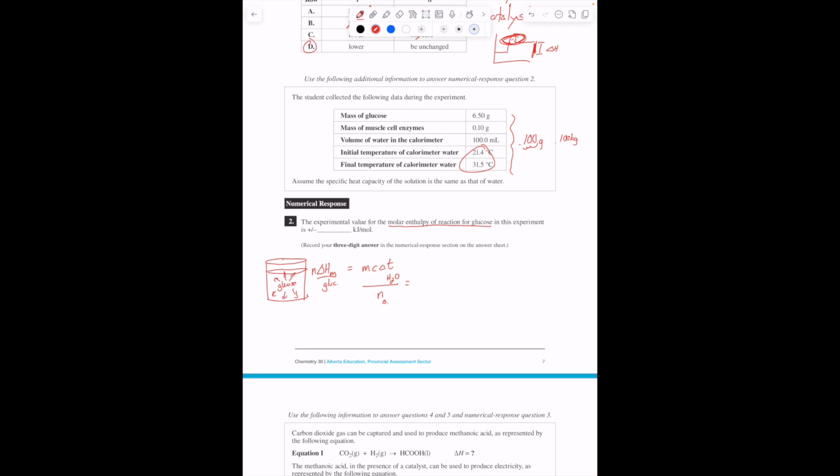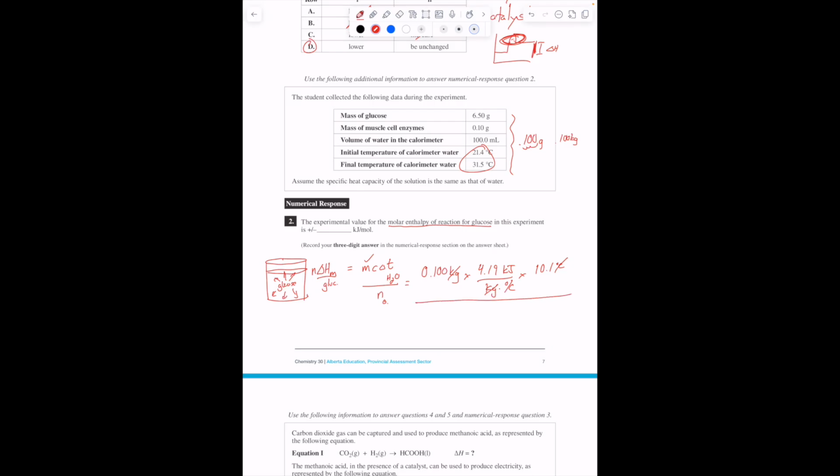I'm doing that just because I've done so many of these. You'll see why in a second. That takes care of my mass of water. 4.19, I'm going to change this to kilojoules per kilogram degrees Celsius. Kilograms cancel. My temperature change is 10.1 degrees Celsius.